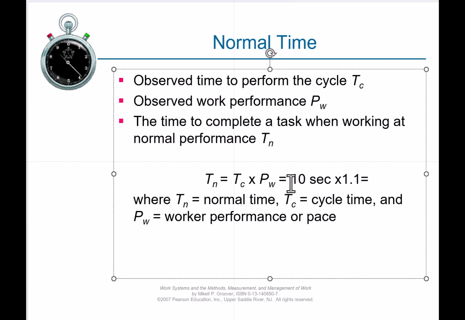So if you multiply 10 by 1.1, it's not going to take 10 seconds to do the operation, it's actually going to take 11 seconds. Now you're trying to adjust to a normal time. Sometimes people go too fast, sometimes people go too slow, and this will adjust them to normalize the time. Let me erase this formula. I guess you got the idea of how to utilize this formula, where you add more time or subtract time from what it should be taking.